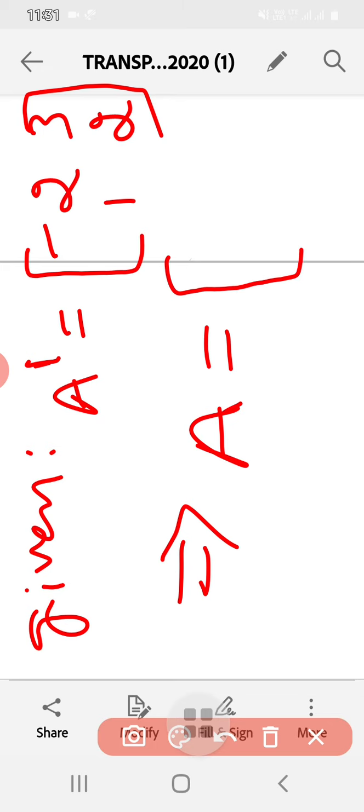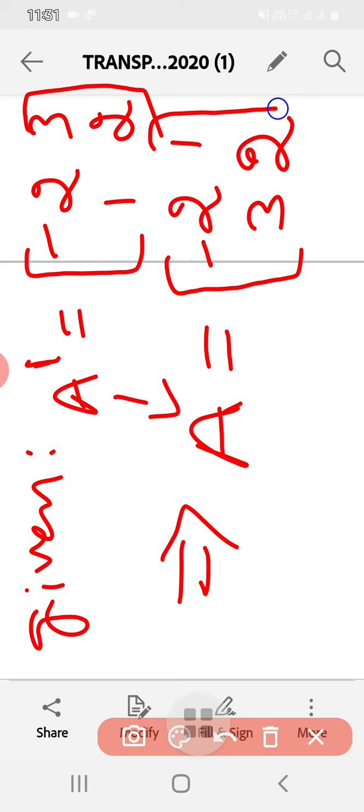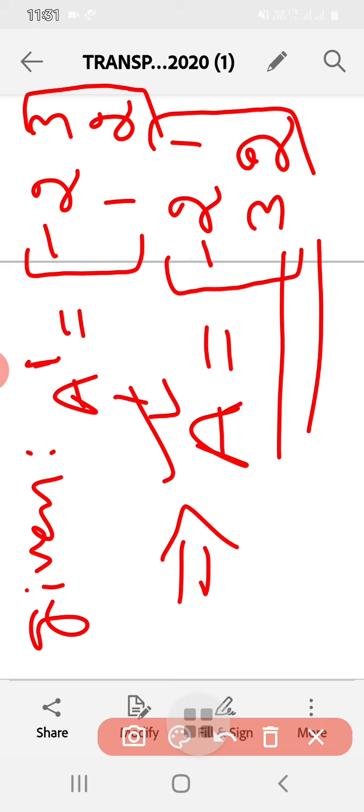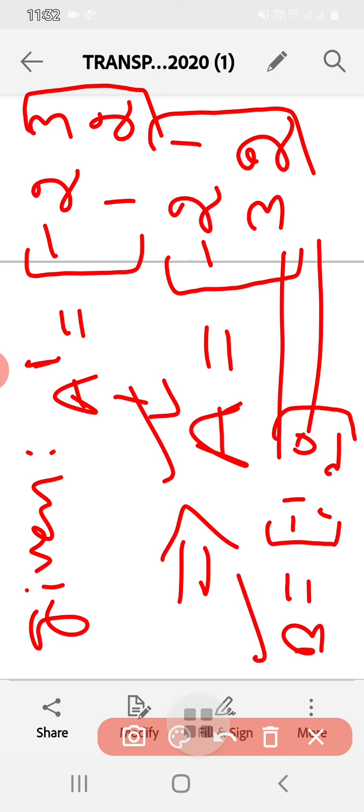(A dash) whole dash is equal to A. So I have to interchange the rows and columns, and I will get the matrix A. This is my matrix A, and B is already given in the problem as minus 1 0 1 2. So A is known, B is known. We can find out (A plus 2B) whole dash.